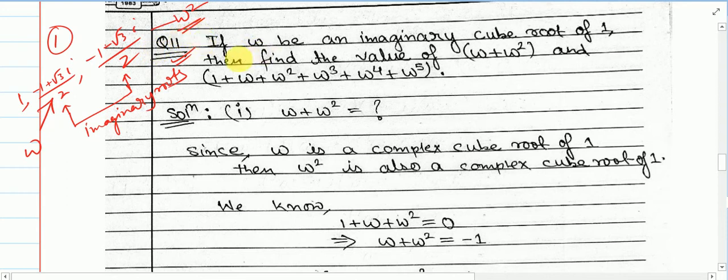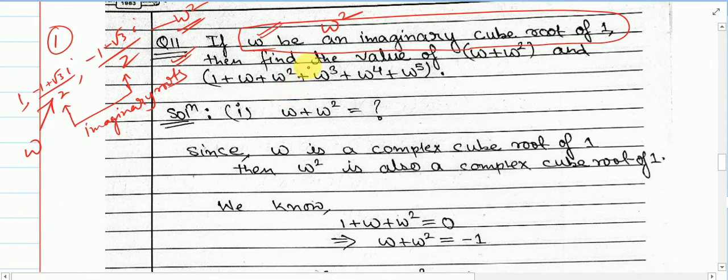Here you can see if omega be an imaginary cube root of 1, we know that cube roots of 1 are going to be 1 and these two. And here they are saying that one of the imaginary is omega, then the other imaginary will be omega square.